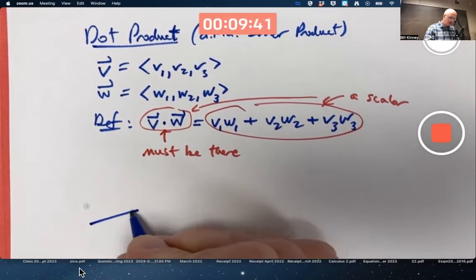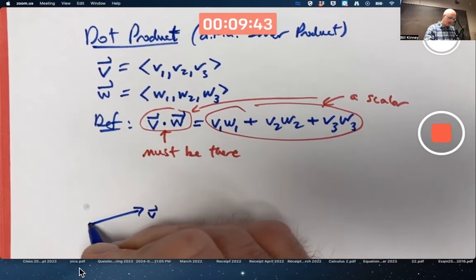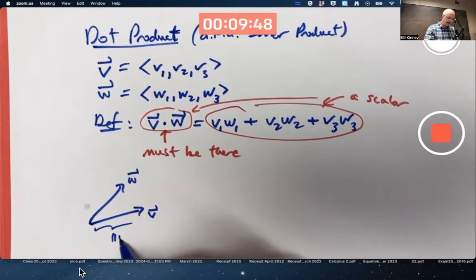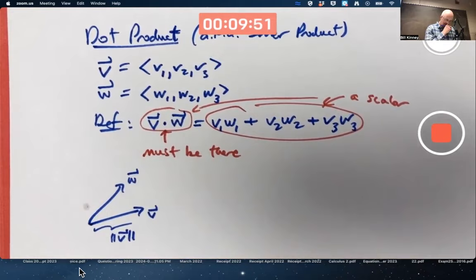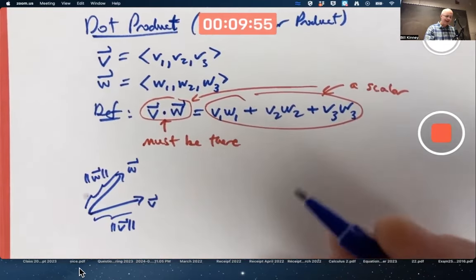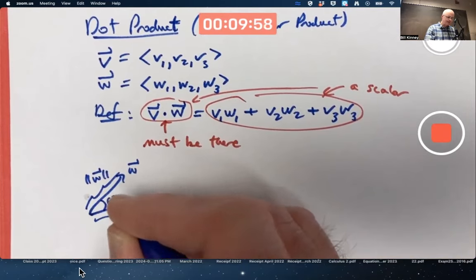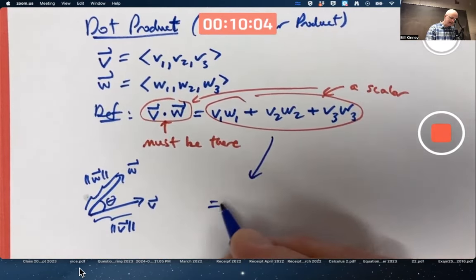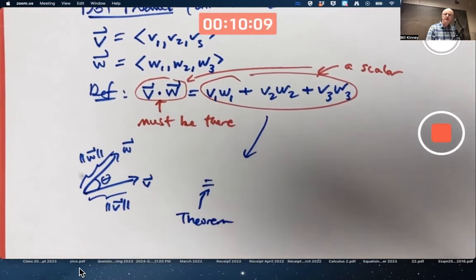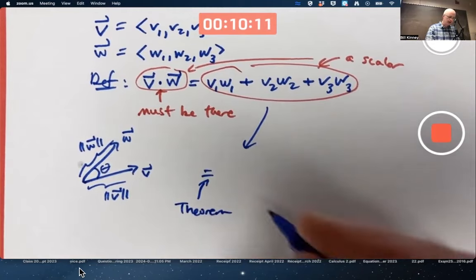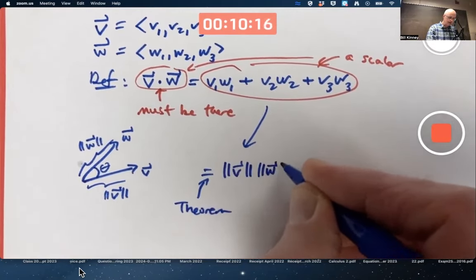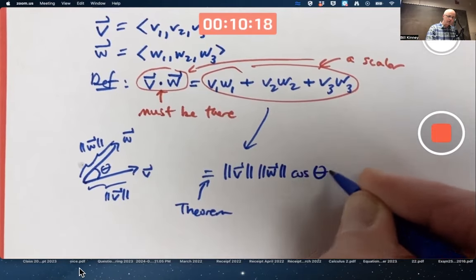If you happen to know the length of V, its magnitude, the magnitude of W, and the angle between V and W, it's a theorem that you can also compute V dot W as the magnitude of V times the magnitude of W times the cosine of the angle between them.